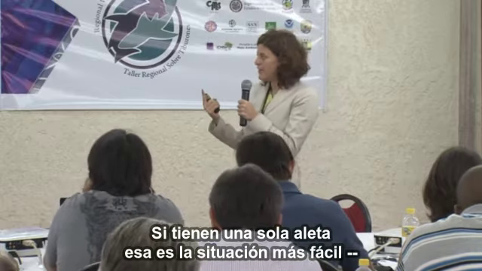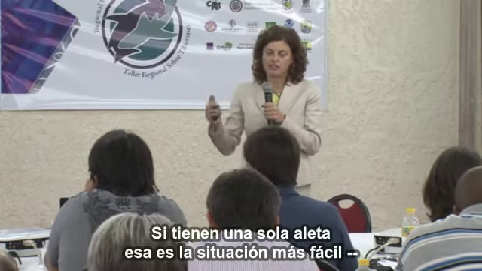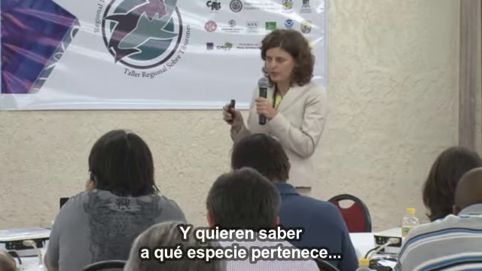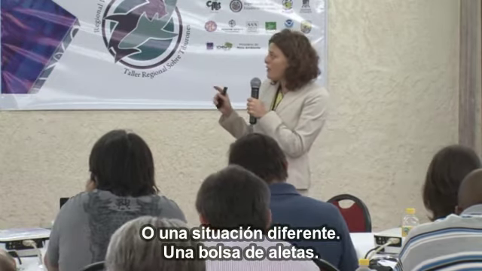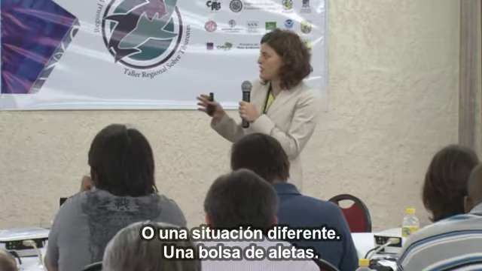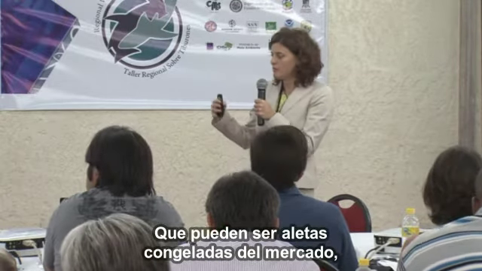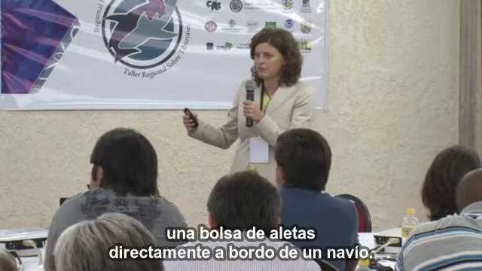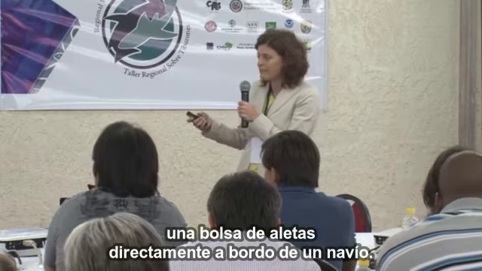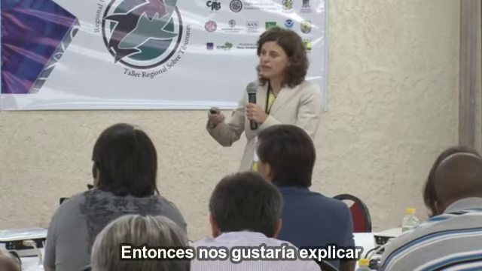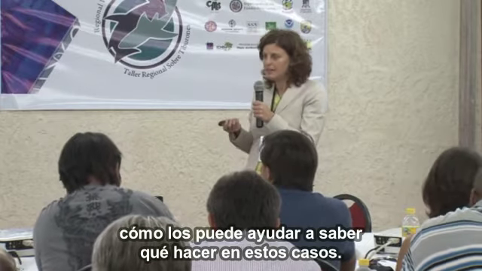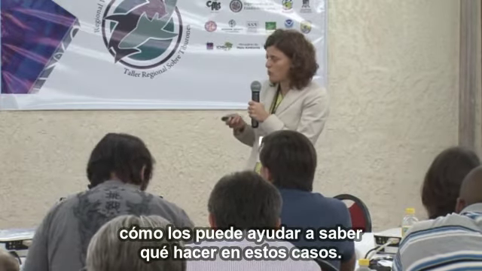If you have only one fin, that is the easiest scenario, and you would like to know to which species it belongs, or a different scenario, a bag of fins, that can be frozen fins at the market, or a bag of fins directly on board of a vessel. So we would like to explain a method that can help you to know what to do in these cases.